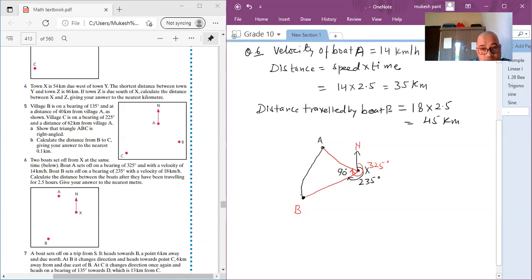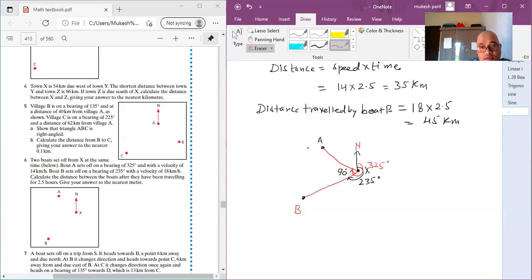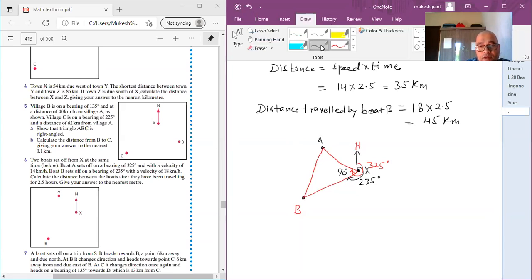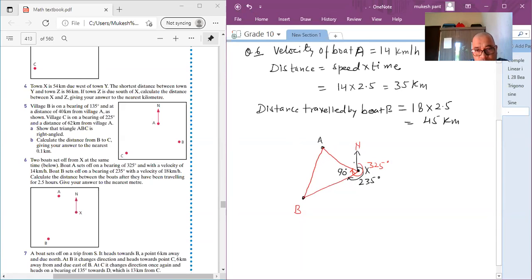Now this side is 35 kilometers, it travels 35 kilometers, and B is 45. And this is AB, which we have to find out.